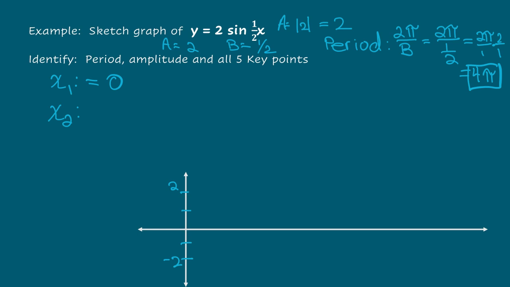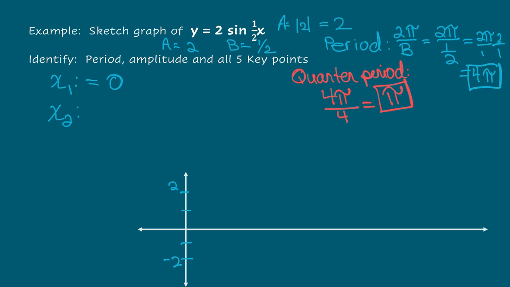So quarter periods just mean your period divided by 4. So a quarter period in this case is going to equal pi. So we're going to count by pi here.